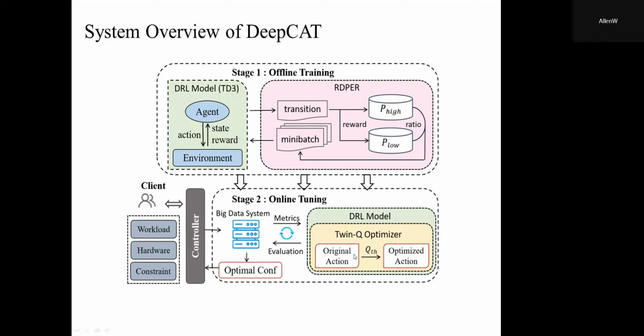In the Pengfei optimizer, we estimate the real execution time and optimize the original action. When the number of steps or the total tuning time exceeds the budget, DeepCAT will terminate and report the best configuration ever found.